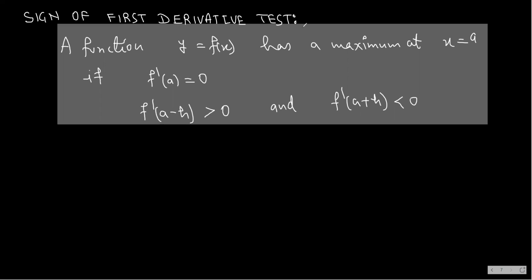So by the sign of the first derivative test, you just saw here, I'm deciding that the function is having maximum at x equals a. And I'm doing it with the help of the sign of the first derivative.